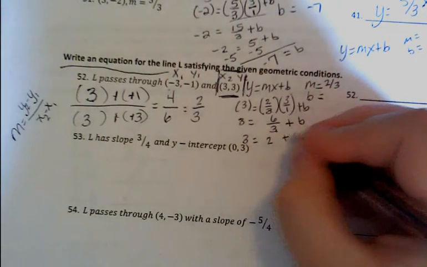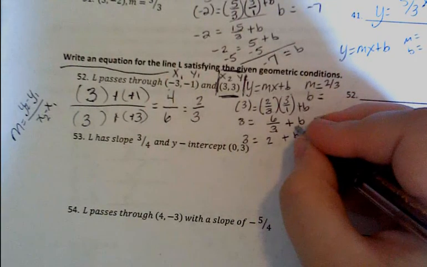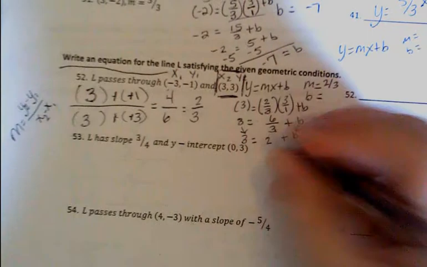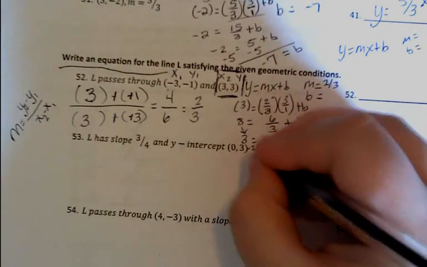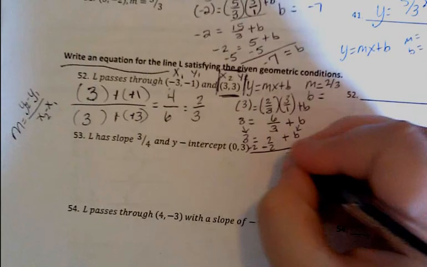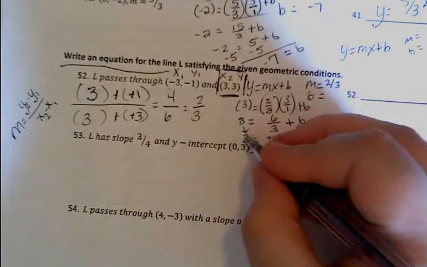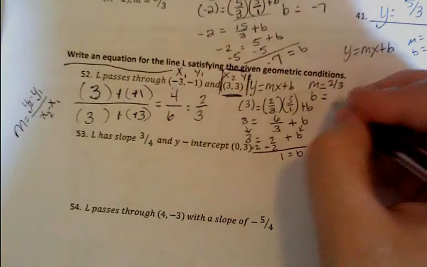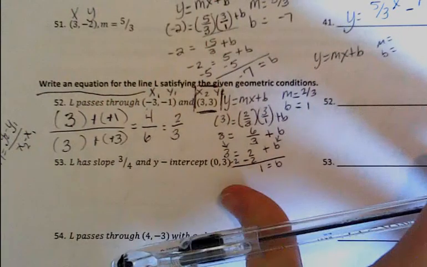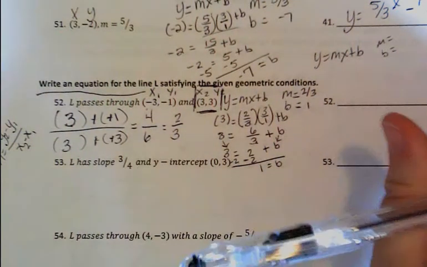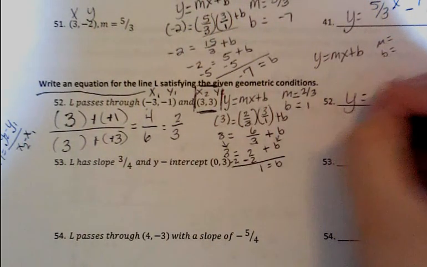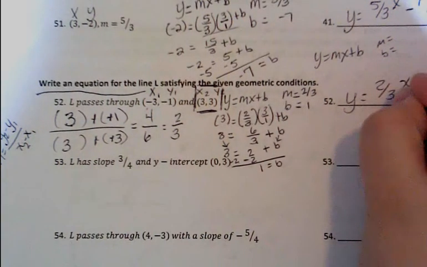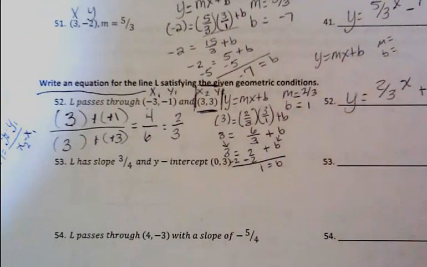I'm going to bring everything else down. So now I subtract 2 from each side to get b equals 1, because 3 minus 2 is 1. So my answer for this, it's always an equation, so it would be y equals 2/3x plus 1.